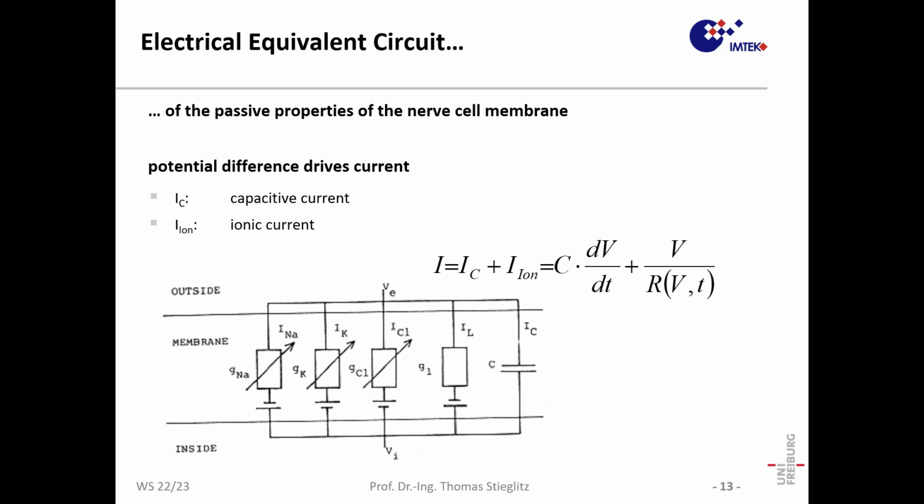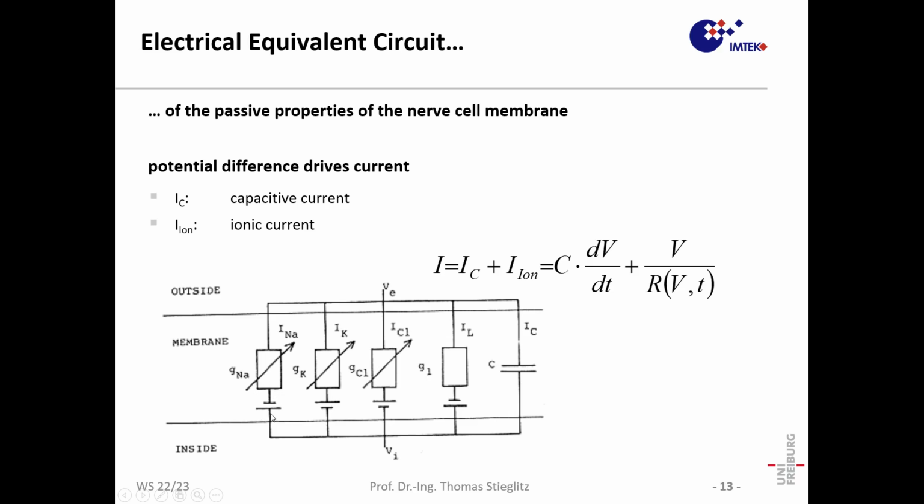So two plates at a certain distance, and whatever happens in between is modeled in the capacitance or in the permittivity or something like that. That's here. And having a capacitance means we can have displacement currents over the capacitance if the potential changes outside. This is modeled here. Then we have sodium, potassium, and chlorine, the channel properties of conductivity as variable resistances.